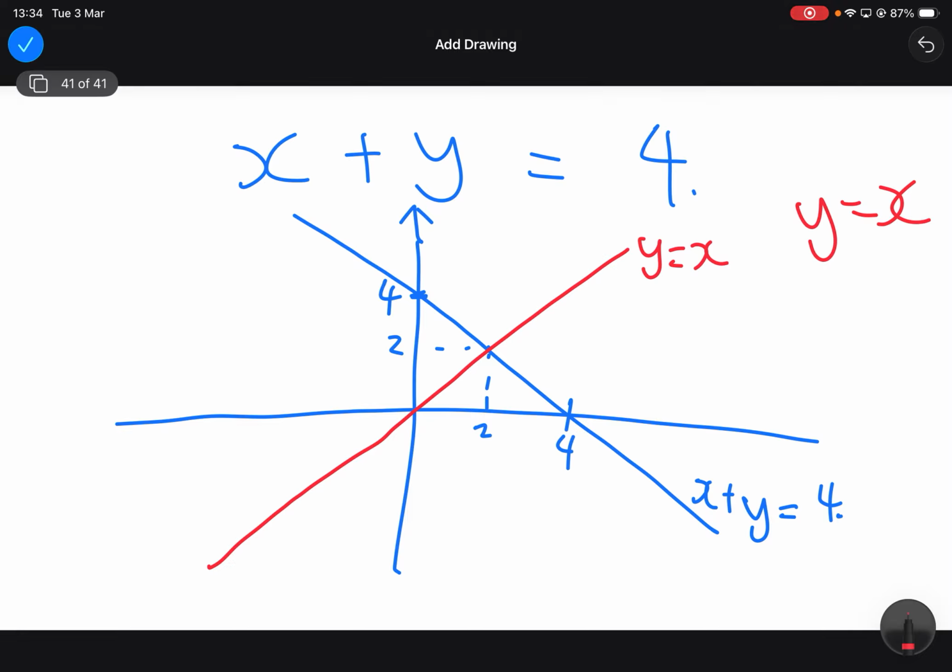So, solving simultaneous equation means the answer that I want must fulfill this equation and this equation at the same time. Okay? So now we are using graphical method. So it goes back to what I told you just now.